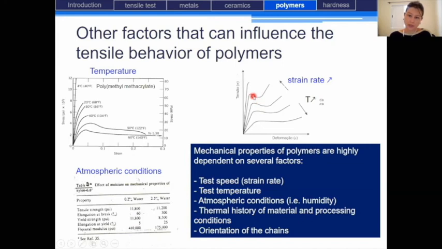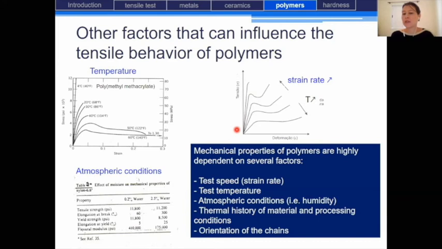On the figure on the right side of this slide, there is the influence of the strain rate. The same polymer stressed at the same temperature will have a different behavior depending on the strain rate.